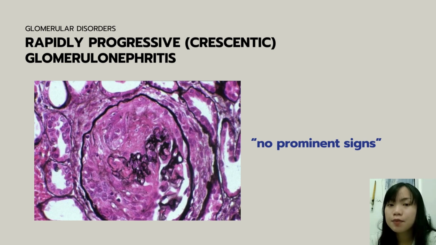Ang symptoms naman ng disorder na ito ay initiated by deposition of immune complexes. And ang complication naman na pwedeng mag-develop dito ay another form of glomerulonephritis, again, pwede din mag-lead sa renal failure.